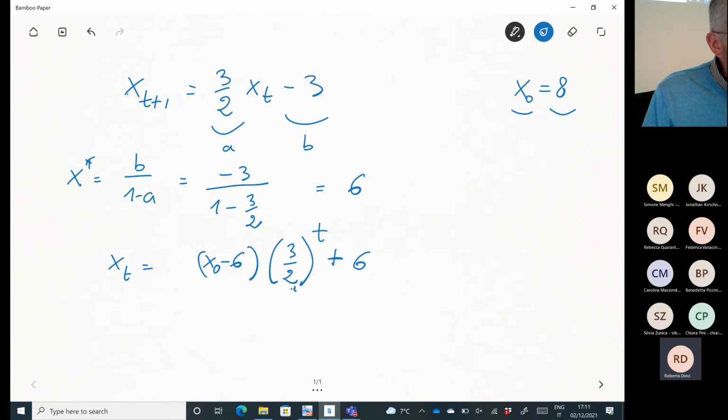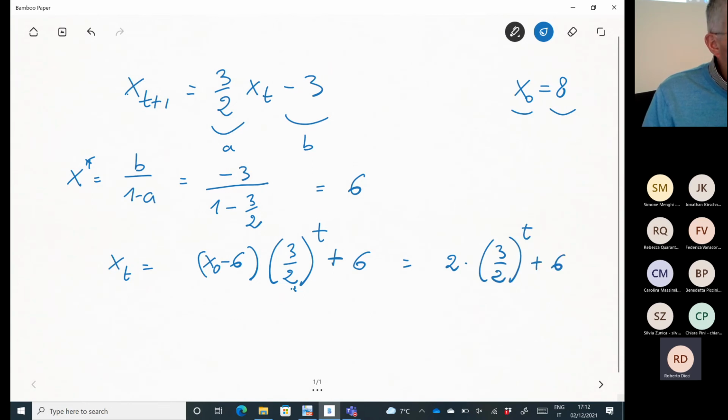Now, another thing. If you want to figure out what the first values of your sequence are, you have the difference equation here, the solution here. In this particular case, when x0 is equal to 8, this becomes 8 minus 6, so 2 times 3/2 to the power of t plus 6.